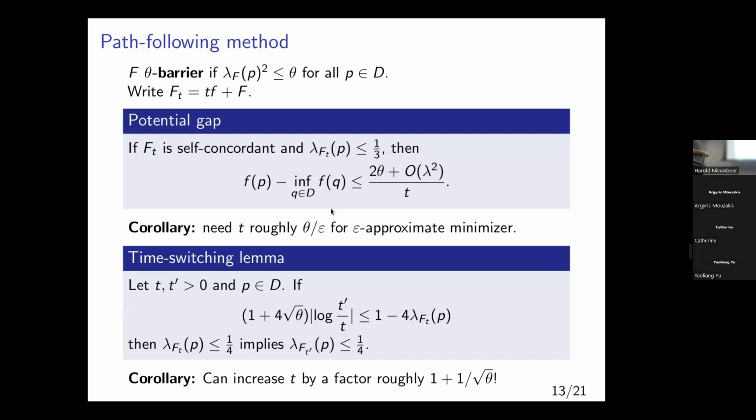Basically, in every iteration you can increase the time t by a factor roughly 1 + 1 over square root of theta. So if I start at time 1 and I want to get to time theta over epsilon, then I need roughly square root theta log theta over epsilon iterations.